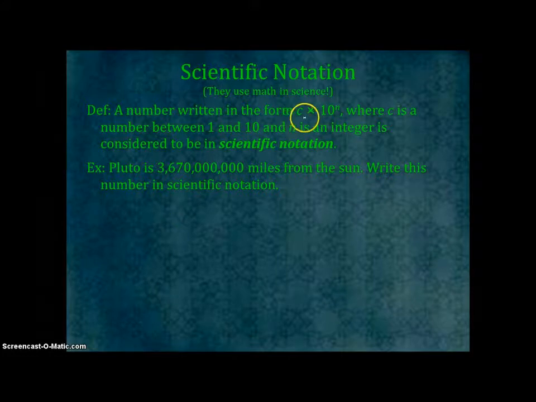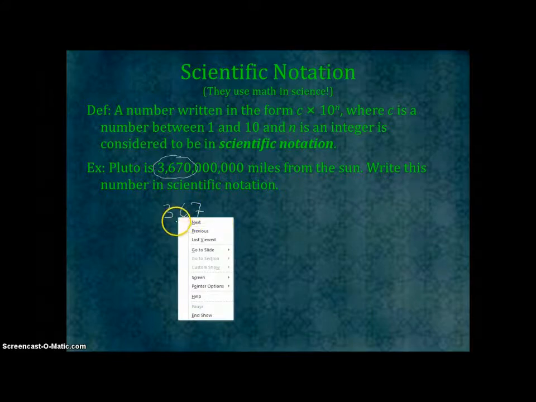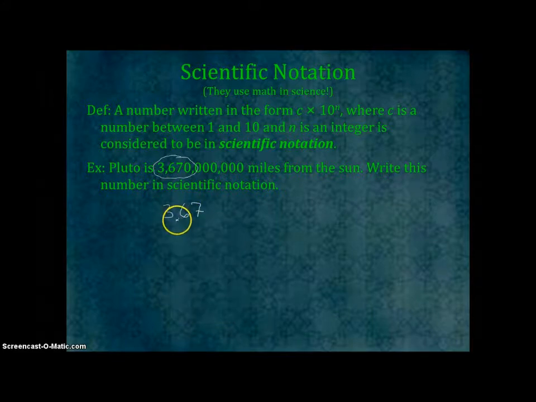So notice we want a c that is between 1 and 10. If I look at the front numbers of 3,670,000,000, we can get 3, 6, and 7. In order to make that number between 1 and 10, I need to put a decimal place right here.